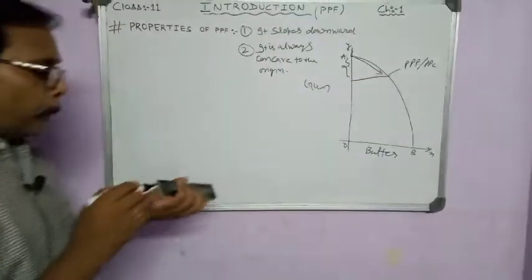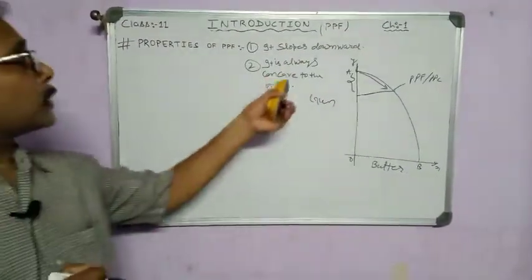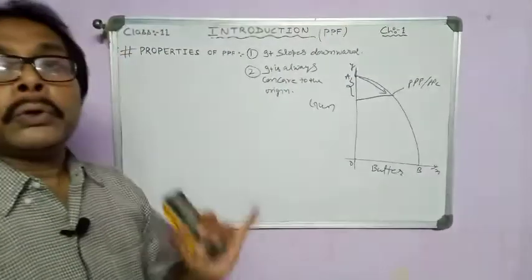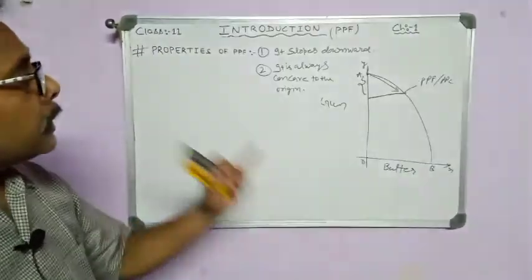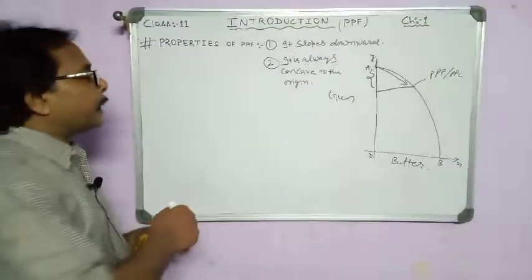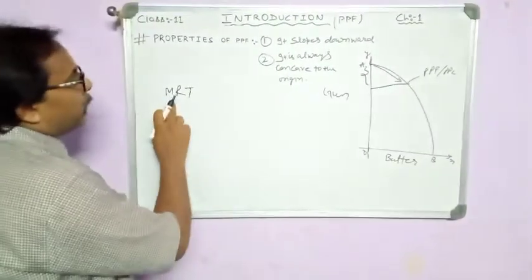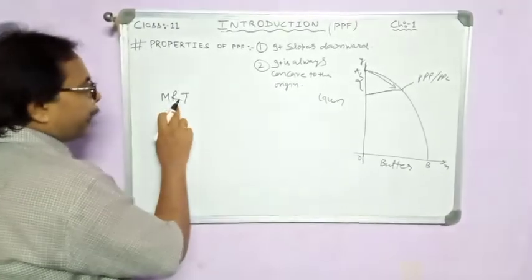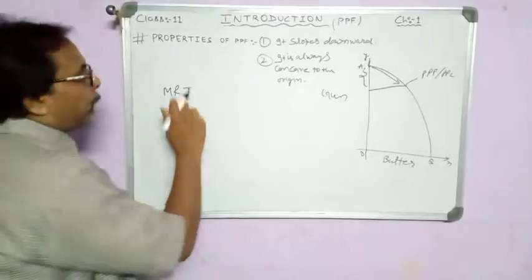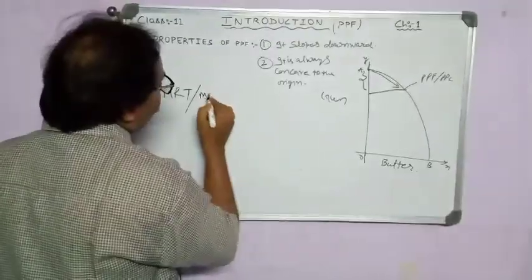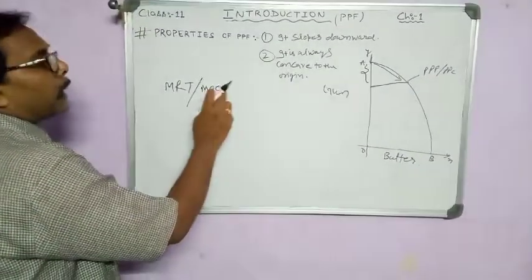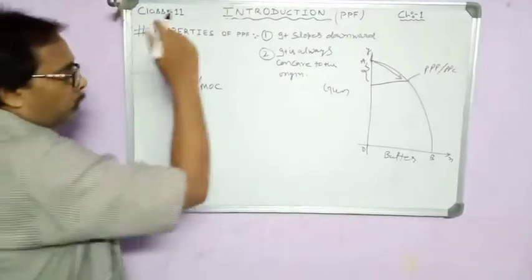So this is the second property. It is always concave to the origin due to a single thing, that is MRT, marginal rate of transformation, or MOC, marginal opportunity cost.